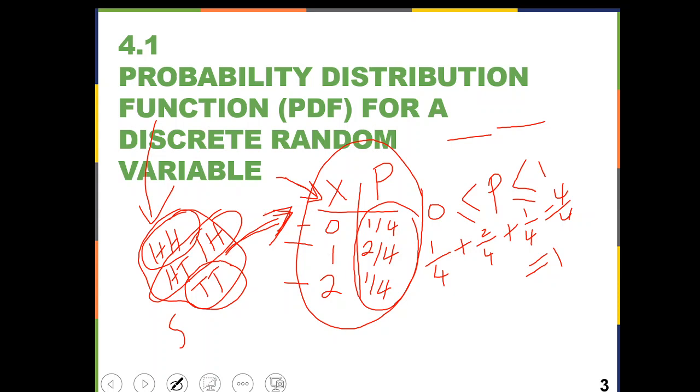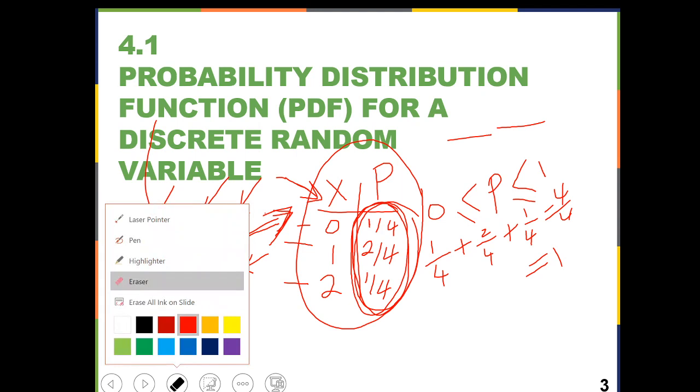Now, the way that we do this has to guarantee that the probabilities add up to 1. How do we guarantee that? We have to make sure we take every outcome into account. So we cannot make a probability distribution if we don't count that one.